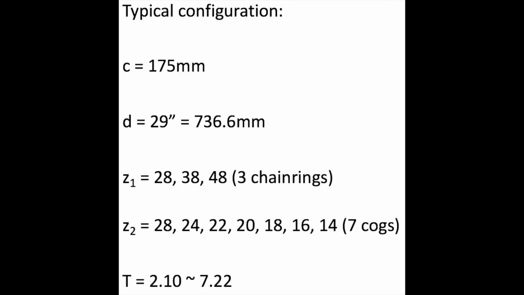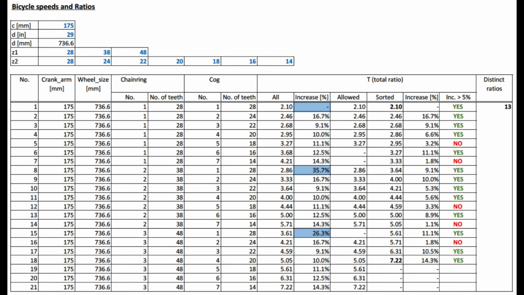The chainrings are listed from the smallest one to the largest one, and the cogs are listed from the largest one to the smallest one in order to match with the numbering on the left and right shifters respectively. This table calculates the transmission ratio for all 21 possible combinations of chainrings and cogs.